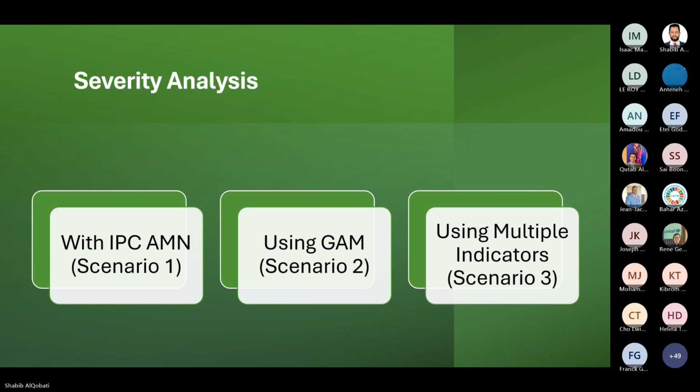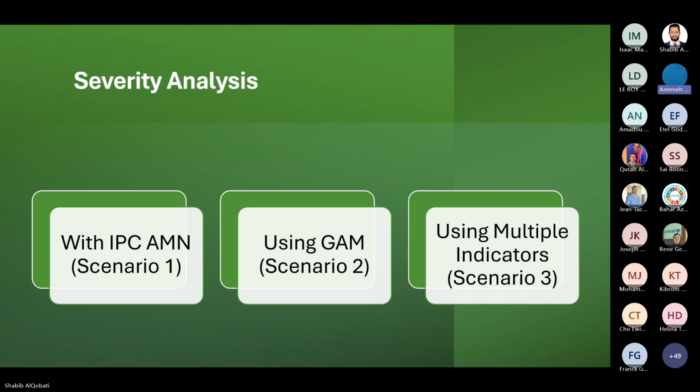If GAM level is greater than 5%, and if you have global acute malnutrition data, then you can use scenario 2. Scenario 2 basically is analysis using GAM. So if you have GAM, global acute malnutrition data for most parts of the country, you can use that GAM data to classify the admin units by severity.